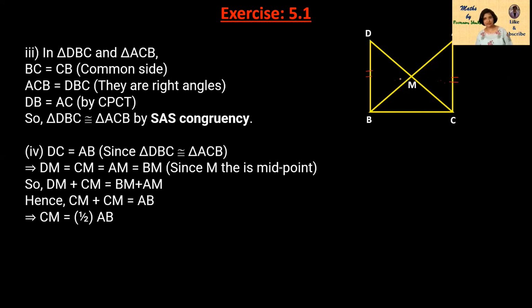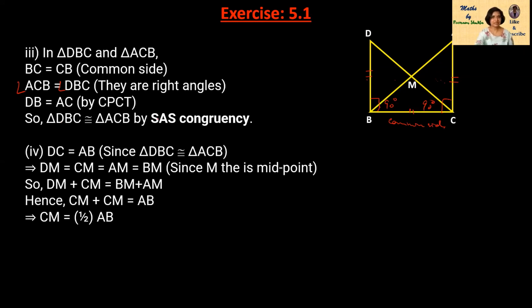And angle ACB equals angle DBC, which we proved in the second part, both 90 degrees. So by the SAS rule, triangle DBC is congruent to triangle ACB.